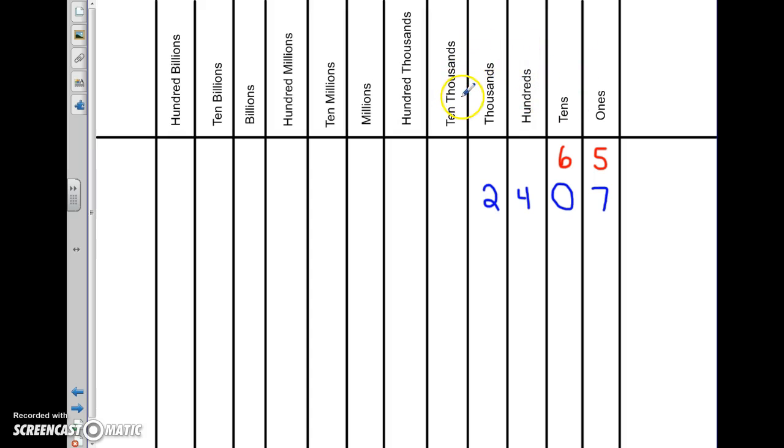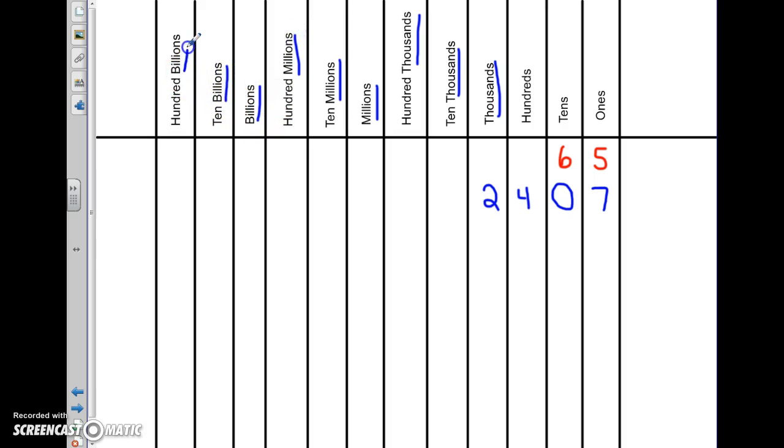The only difference is as we move into what I like to think of as different houses, it's like each of these is a family, and then each is another house in the neighborhood. This is like their last names, right? So we still have ones, tens, hundreds, ones, tens, hundreds. It's just that these different houses have different last names.